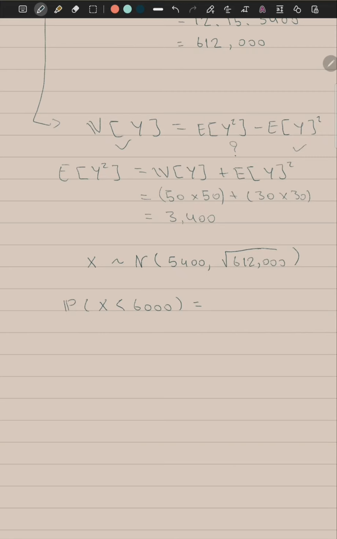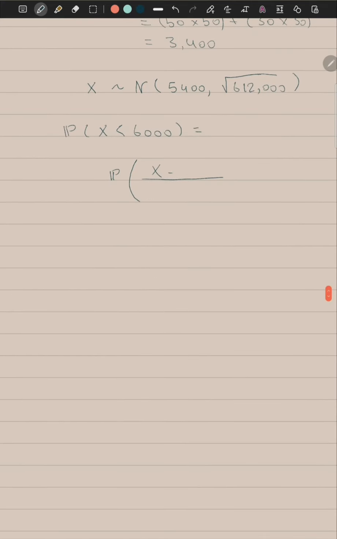What is the probability of this using the normal distribution? We can standardize it. We have X minus the mean, 5,400, over the standard deviation, the square root of 612,000, less than or equal to the value we are trying to find, 6,000 minus 5,400, over again the standard deviation.